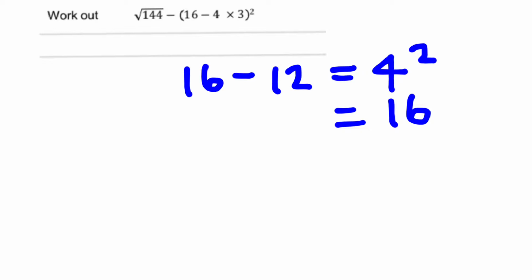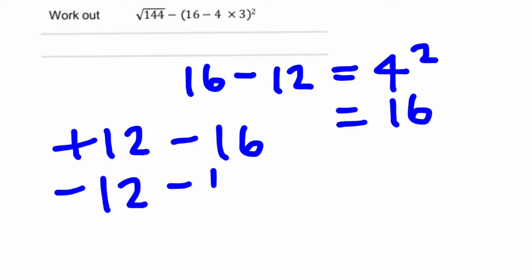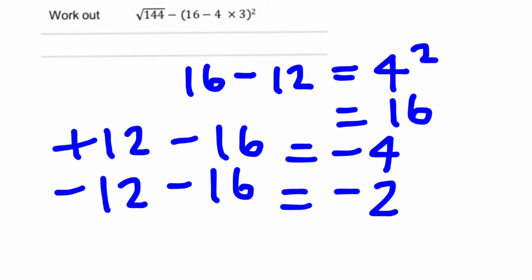So we need to do 2 calculations. We need to do plus 12 minus 16 and minus 12 minus 16, which will give us minus 4 and minus 28. And those are the 2 answers for this question to be able to get full marks.